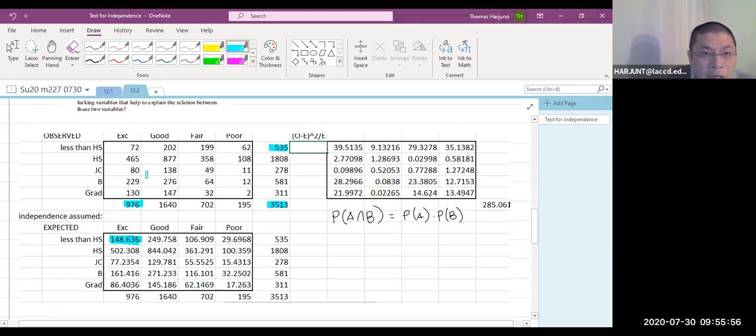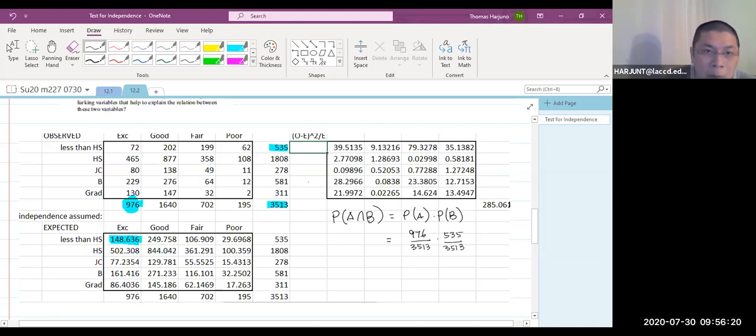So here the idea is the following. Probability of A, let's say, is 976 over the total 3513, times probability of B is 535 over 3513.